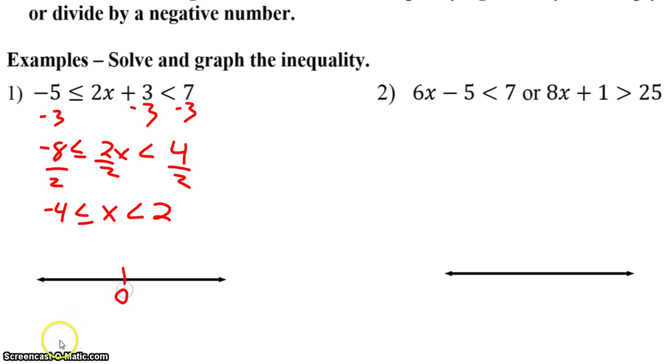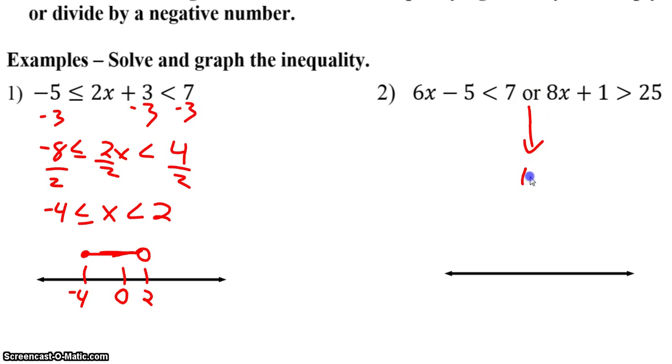If you look at the graph of that, you'd have 0, you'd have 2, you'd have negative 4. On negative 4 it would be closed, on 2 it would be open, and it connects right there, as and statements usually do.